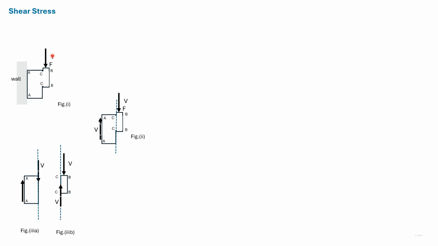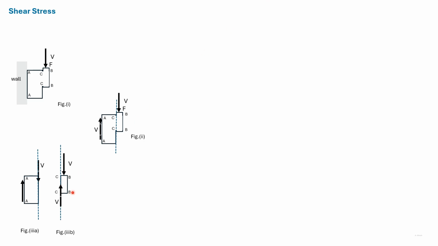As earlier mentioned, this force P is parallel to the cross-section CC. So it will create a shear stress on the cross-section CC. Now let us take a section at CC.